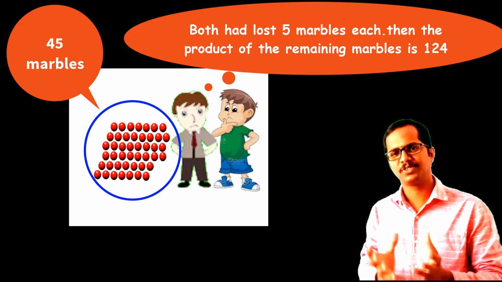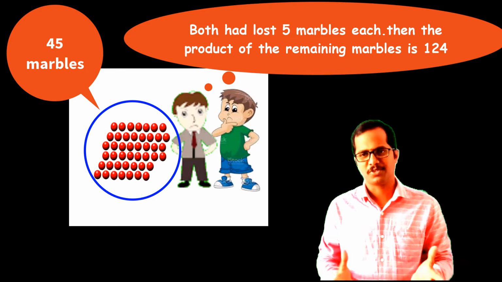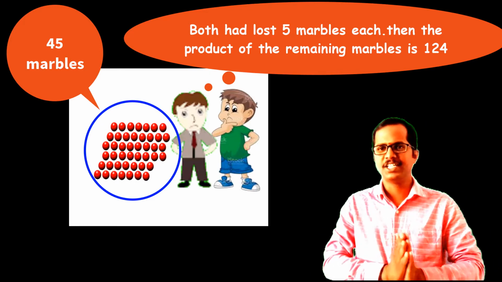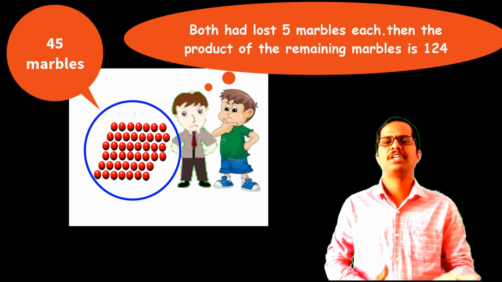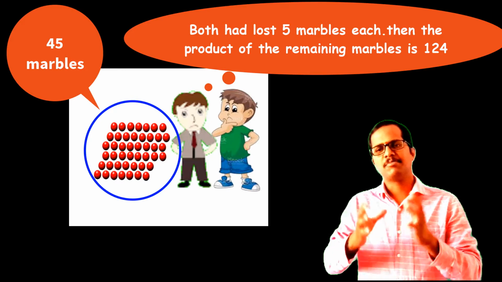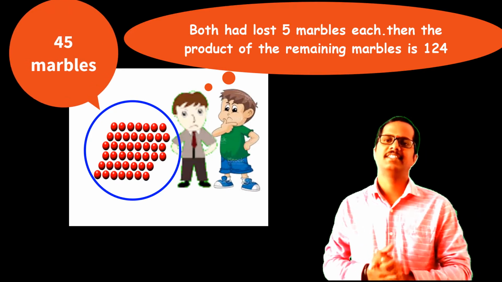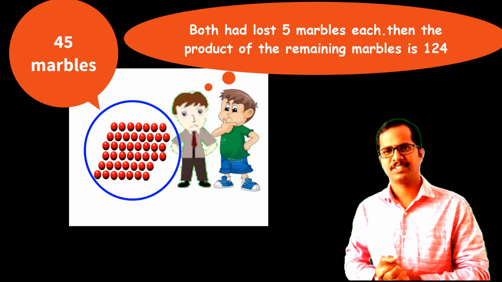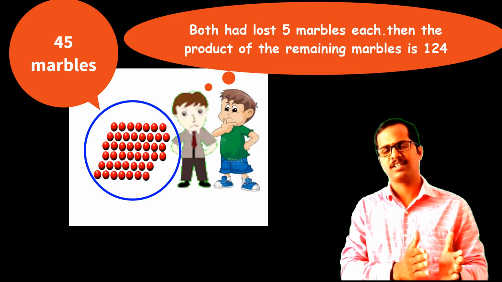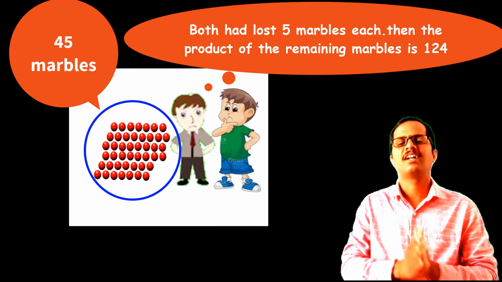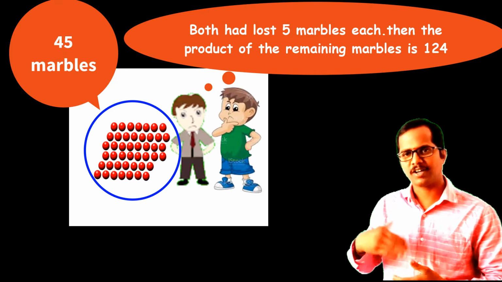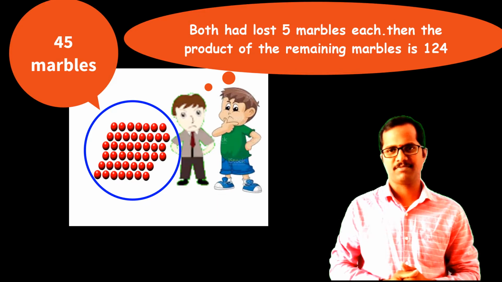So how can we do this? Here we don't know the number of marbles that they each had individually at the beginning, but we know the number of marbles they had together, that is 45. If we know the number of marbles of either Rajendra or Sridhar, we can find the number of marbles of the other person.